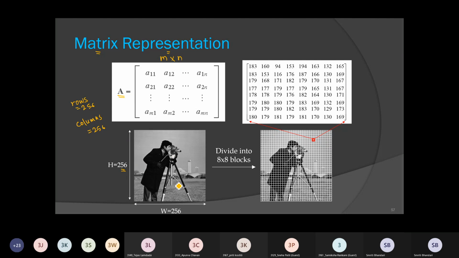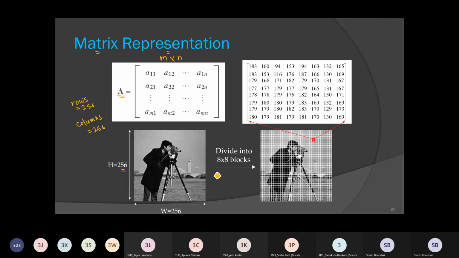So if I would like to store this image in computer memory, I'll be utilizing one matrix of size 256 by 256 so that I can store this image in my computer's memory.